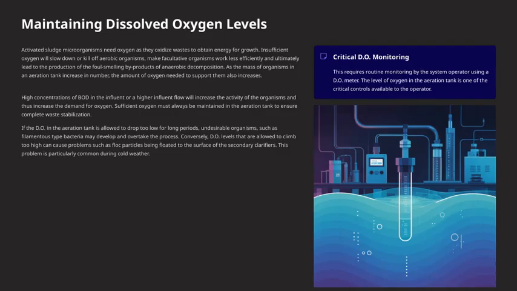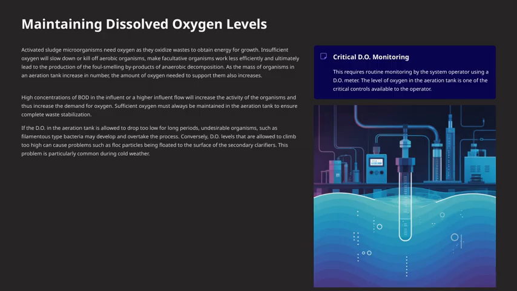Maintaining the right dissolved oxygen levels is crucial in our activated sludge process. Microorganisms need oxygen to oxidize wastes, which they use to generate energy for growth. If oxygen levels are too low, it can slow down the activity of these aerobic organisms or even kill them off entirely. This also affects facultative organisms, making them less efficient, and can lead to the production of unpleasant, foul-smelling byproducts from anaerobic decomposition.